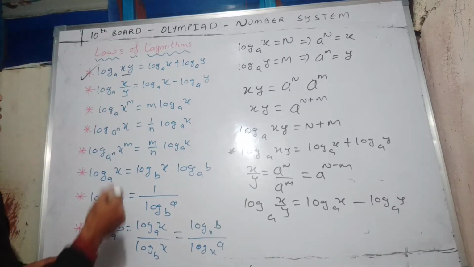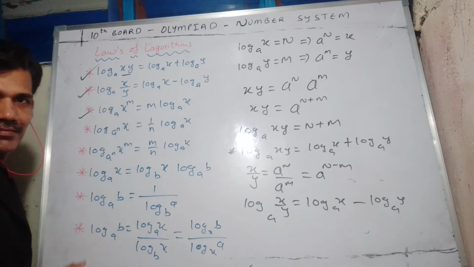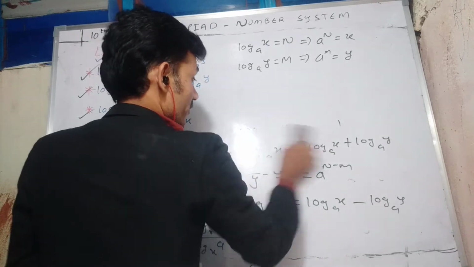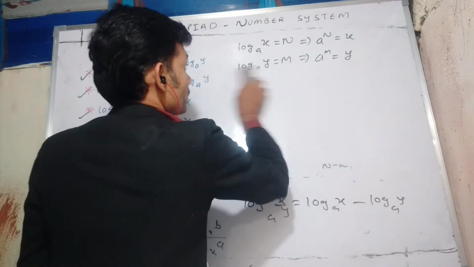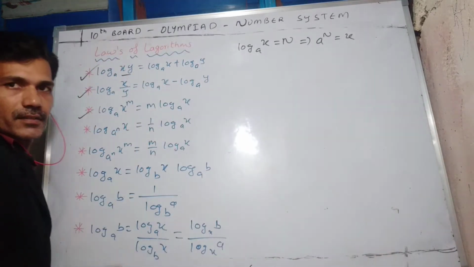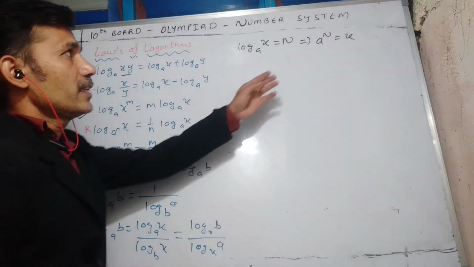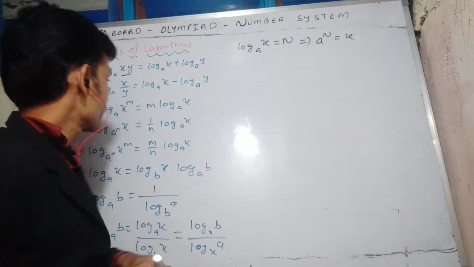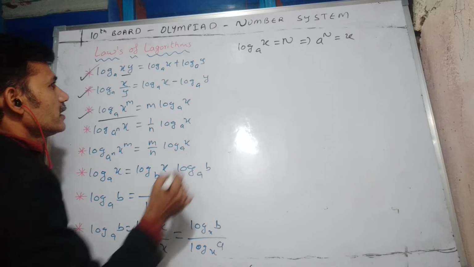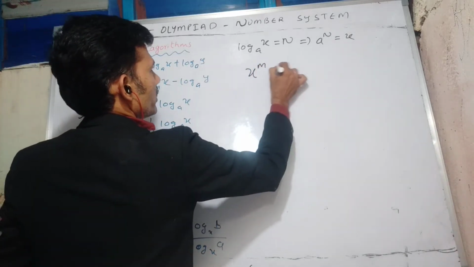Okay, now we'll go for this. Logarithm of powers, what it will be? So log x can be n, so that a is raised to n to get x. Now we will verify this. See, x power m, how much it will be?